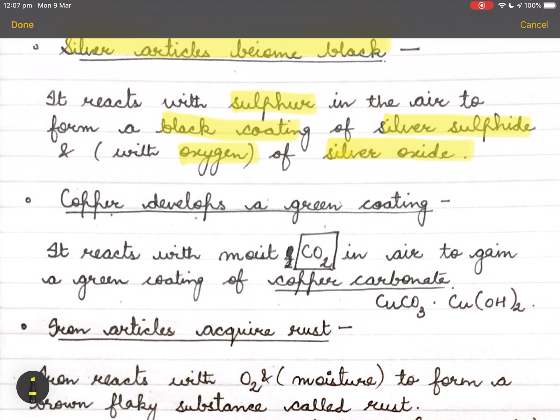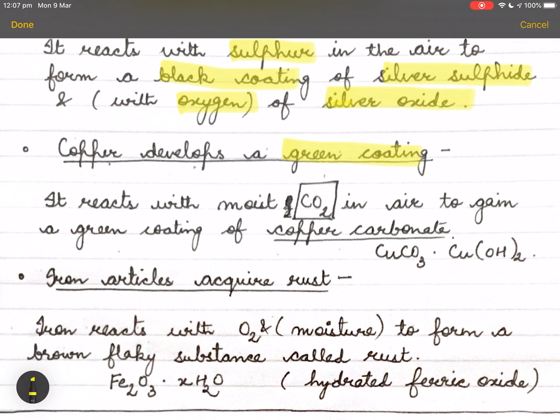Okay, next I told you in olden days they used to have copper coins, and copper coins when left for a long time develop a green coating, and that green coating is because copper again reacts with moist air, and particularly the components with which it reacts are not only oxygen but carbon dioxide as well. The green coating is because of copper carbonate. In the exam, they usually ask you the formula.